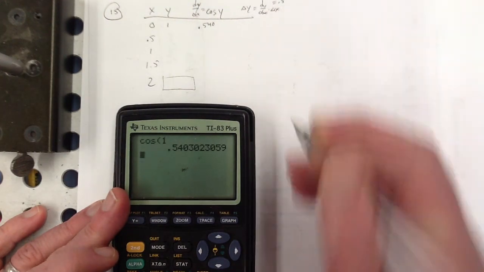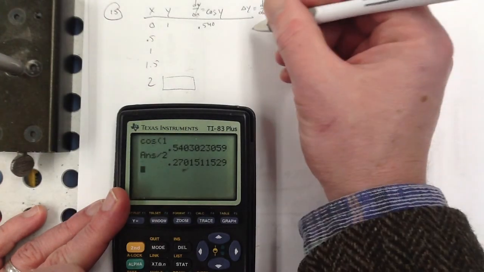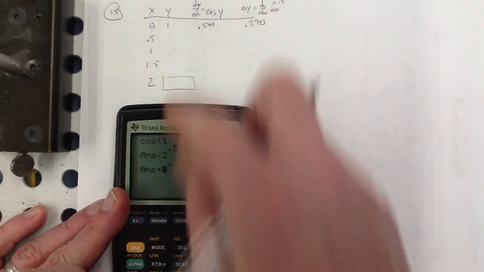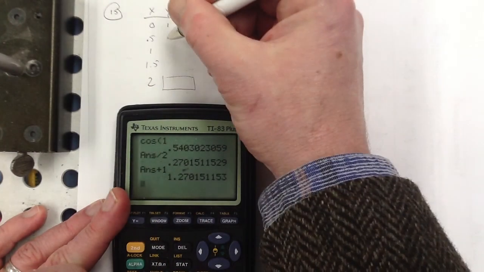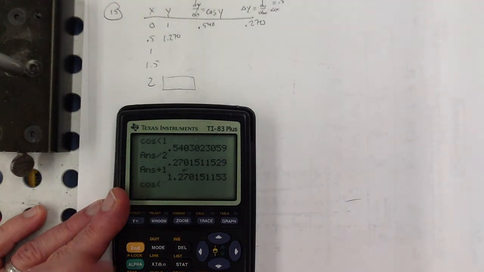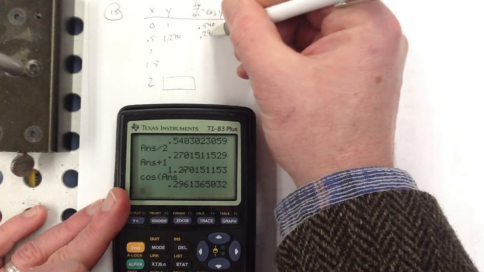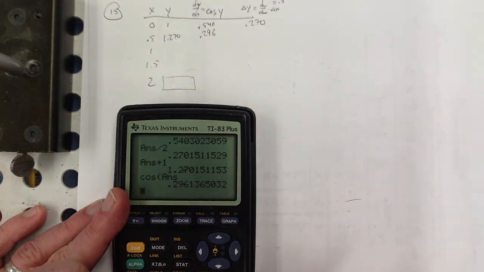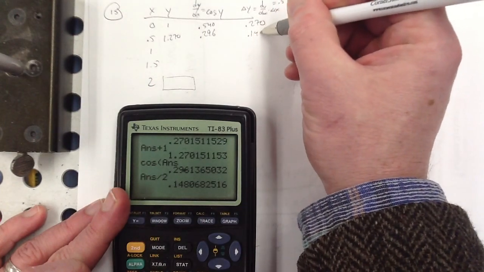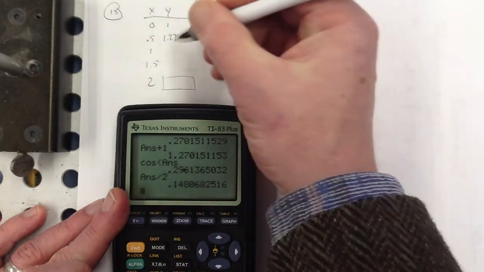And then if I multiply that by a half, 0.270, add that back onto this, 1.270, take the cosine of that, 0.296, take half of that, 0.148, and then add that back on here.